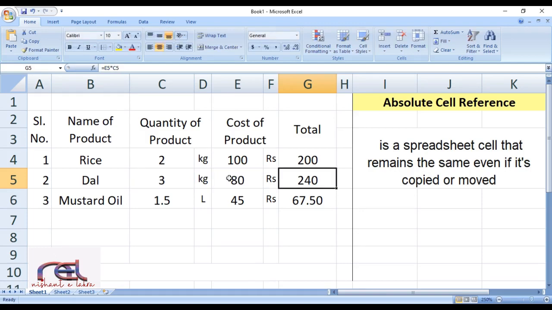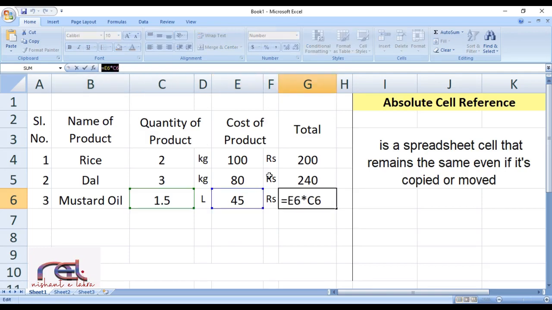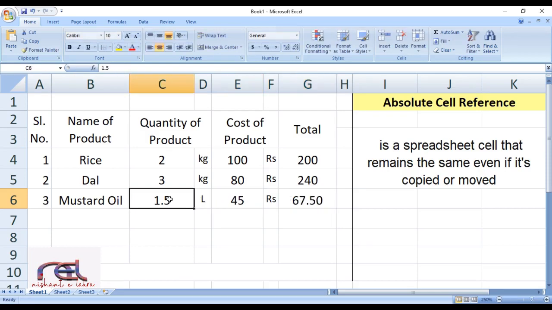That means 80 is multiplied with 3. 83s are 240, like you can see there. And likewise in cell G6, the formula entered is E6 into C6. That means the cost of the product into how much is bought, right?